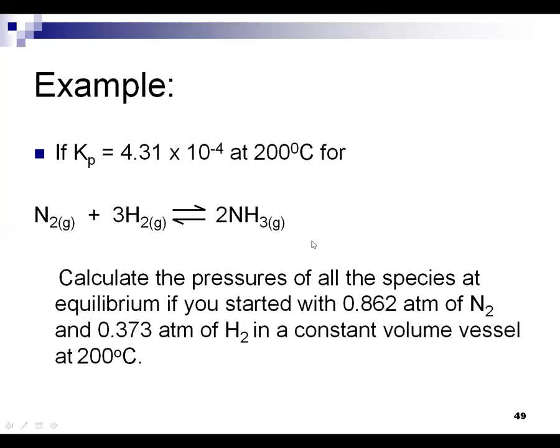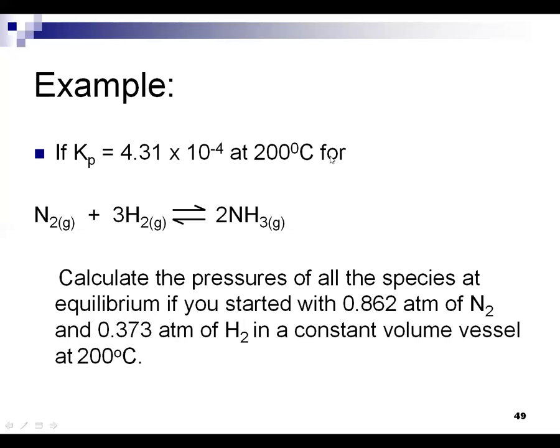In that last example, it went from reactants to products, so our minuses were on the reactant side and our pluses were on the product side. Obviously, if it was heading from products to reactants, then the minuses would be on the product side and the reactants would be on the positive side.